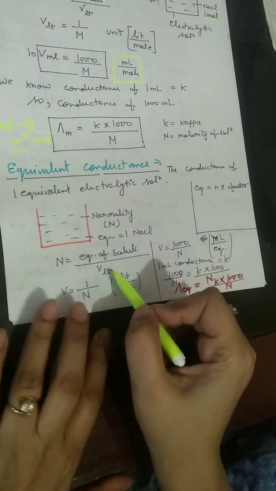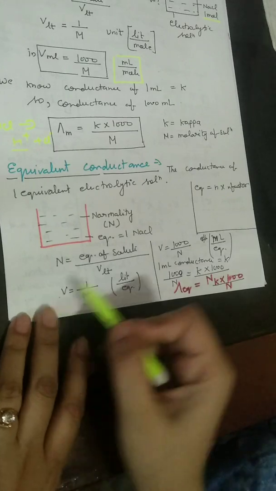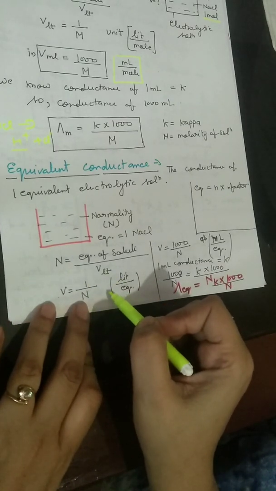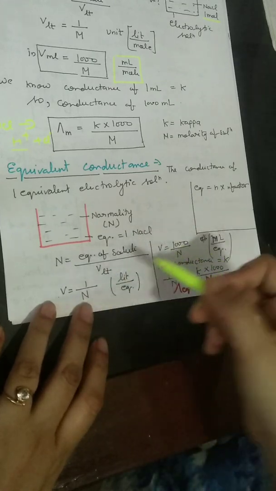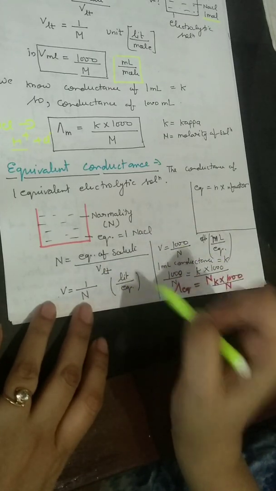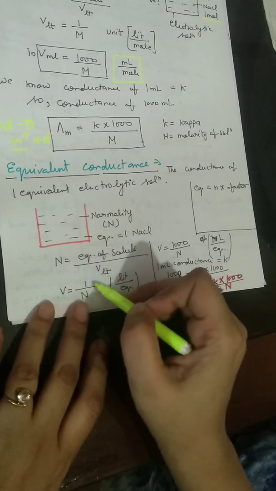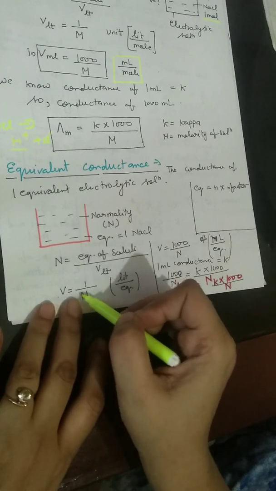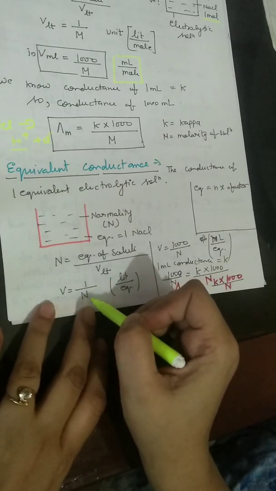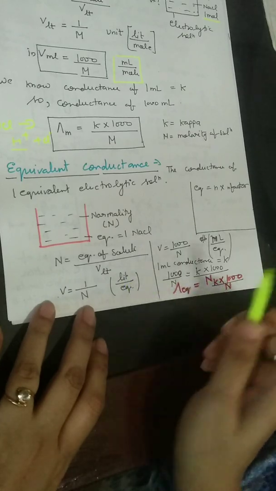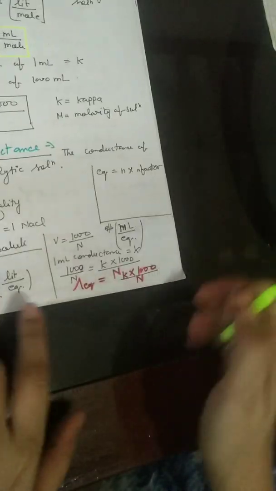Volume in liter we will take this side, then it will become 1 upon normality, and its unit will be liter equivalent inverse. But if we take the solution in milliliters, then V equals 1000 by N, and its unit will be milliliter equivalent inverse.